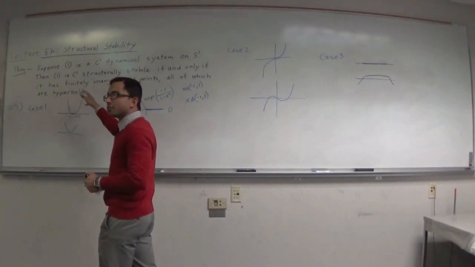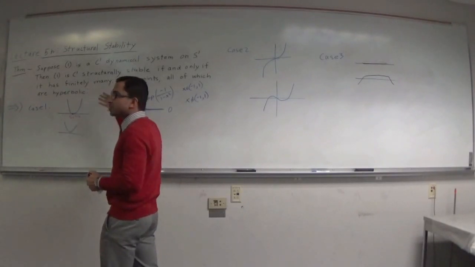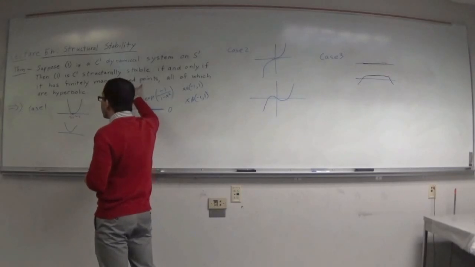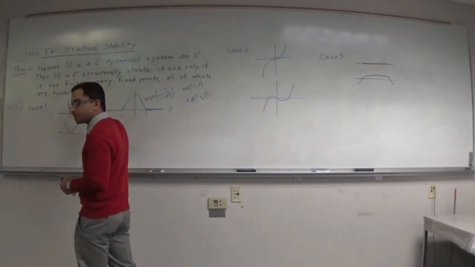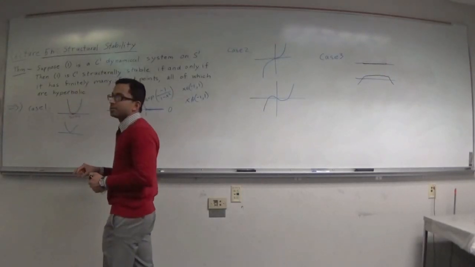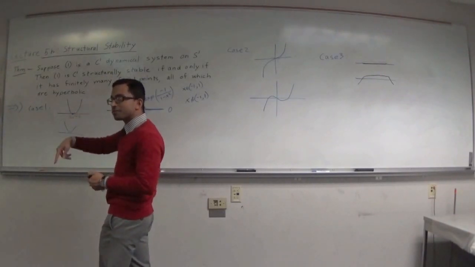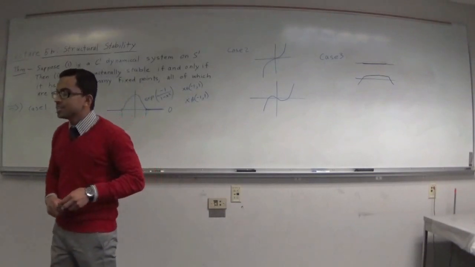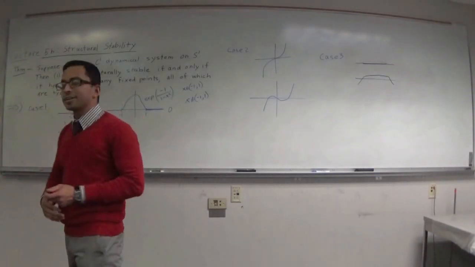But that's difficult to show, so let's use the converse. So the converse says that if it has infinitely many fixed points, or it has non-hyperbolic fixed points, then it's not structurally stable. So that's the converse. If you can prove the converse, then you've proved it. So that's the idea. So yeah, that's the biggest proof we're going to do in this class.